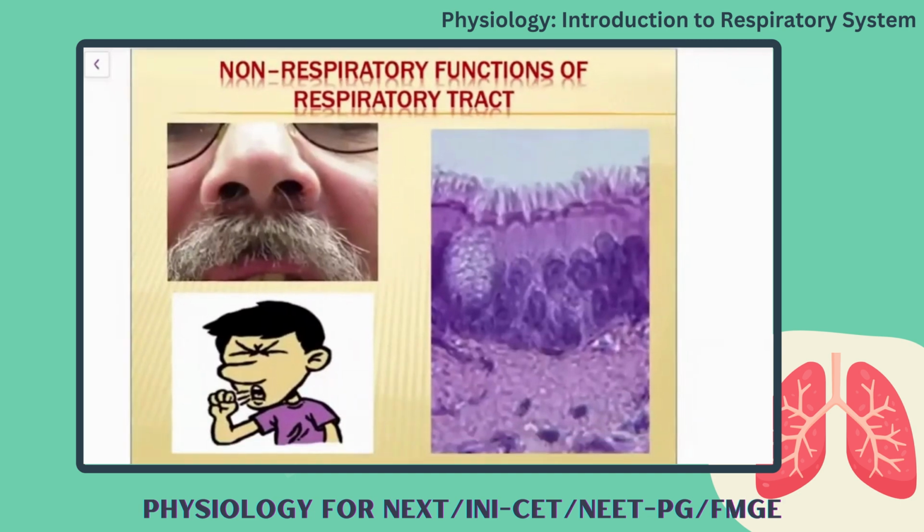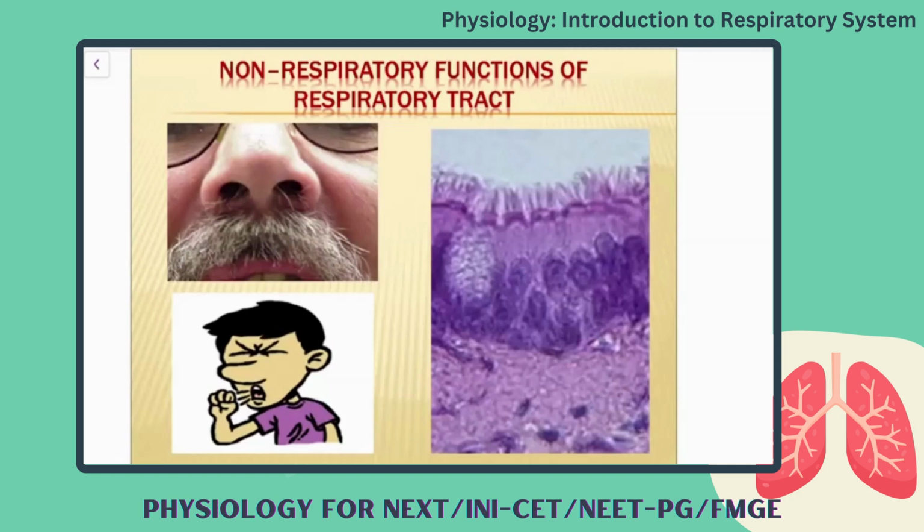But the respiratory tract structures, apart from respiratory functions, are also involved in other functions, mainly the nose, which has the olfactory sensation. The olfactory receptor present in the nose plays a major role in the olfaction process.